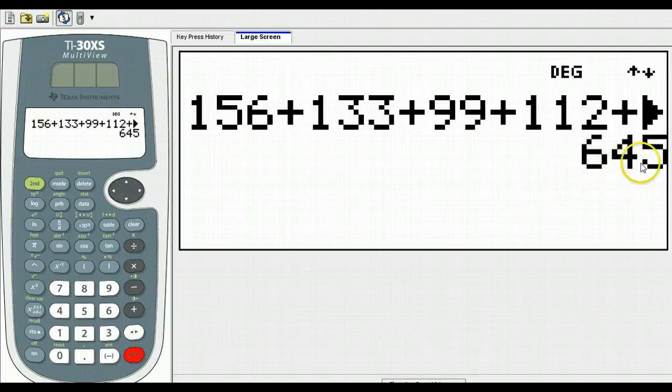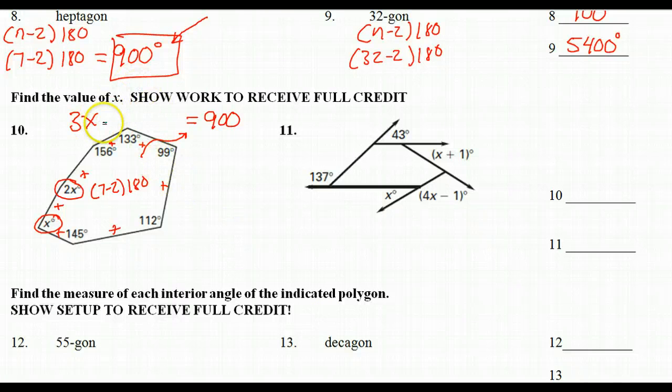I get 645. So that means that if I add up all these expressions, that makes 3x plus 645.